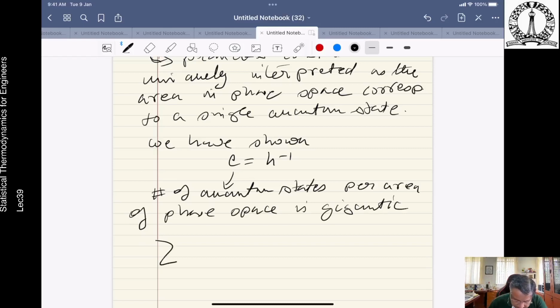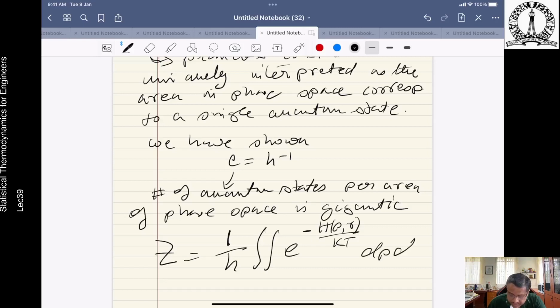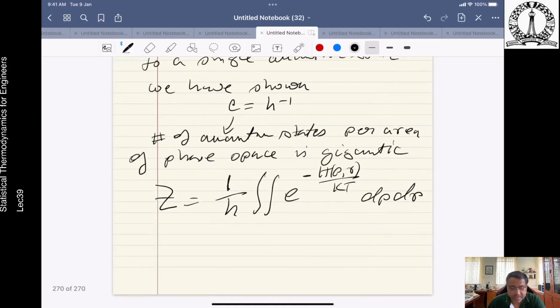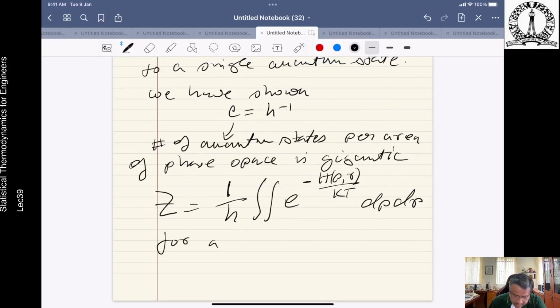Therefore, the partition function, remember we wrote it as C, now becomes 1 over h times the integral of e to the minus H(p,r) by kT dp dr for a single degree of freedom.